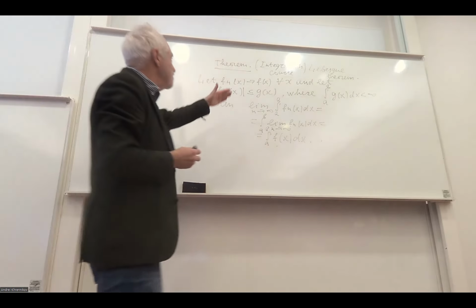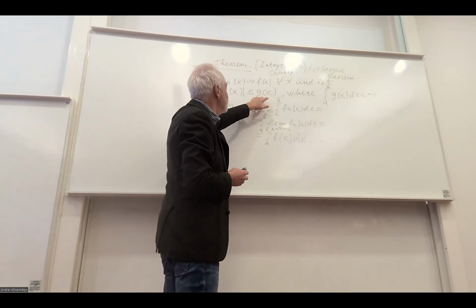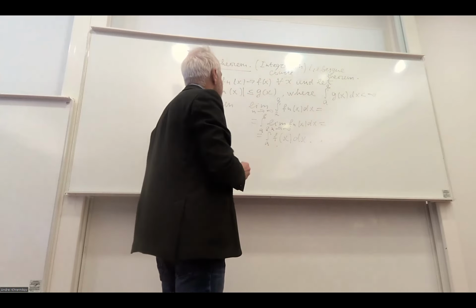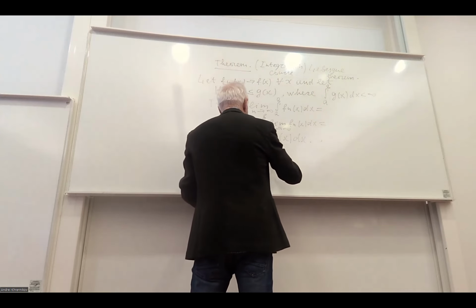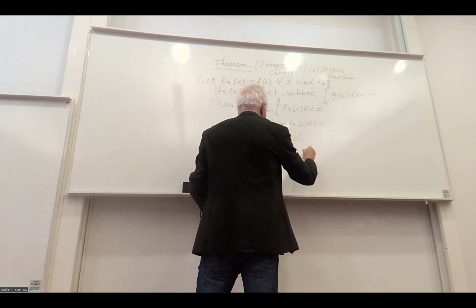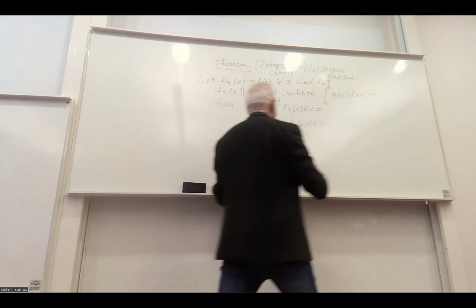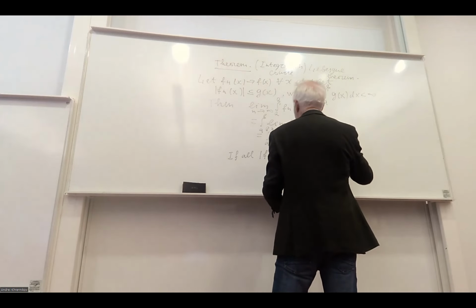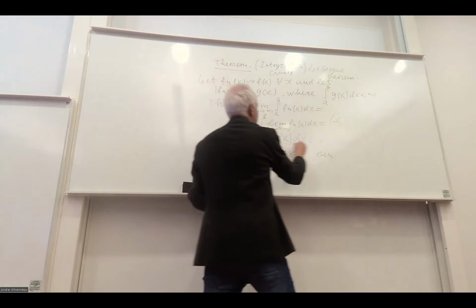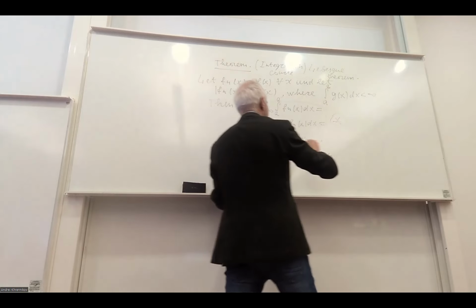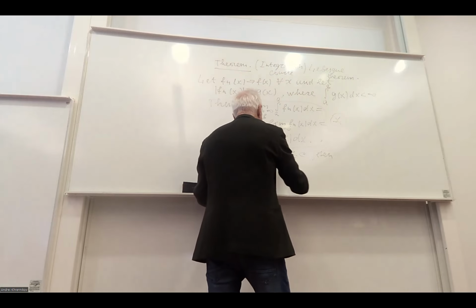For bounded sequences, it does not work, because if there is a constant, so if |f_n(x)| is less than or equal to a constant, then let us denote this bound as star, then star holds.